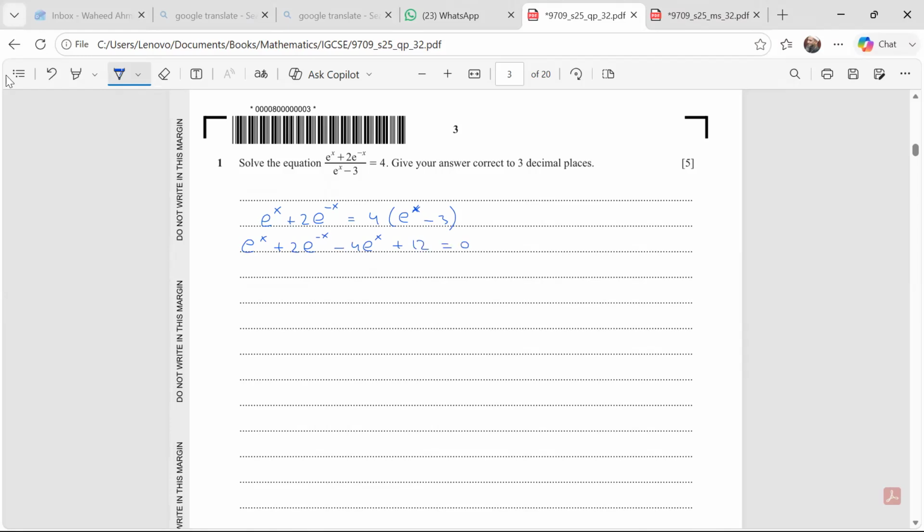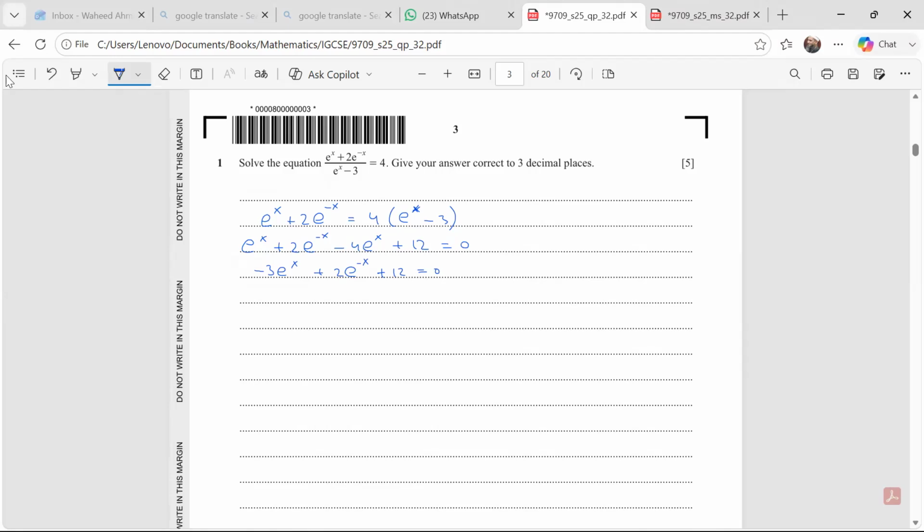Now you see e to the x minus 4e to the x will become minus 3e to the power x, and then we have plus 2e to the power minus x and plus 12 equals 0.